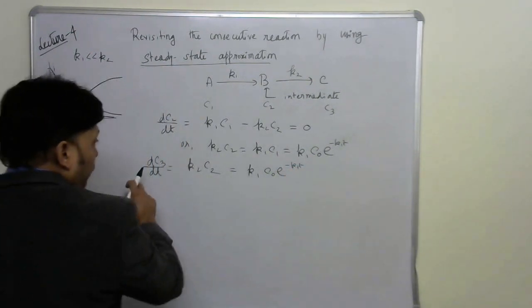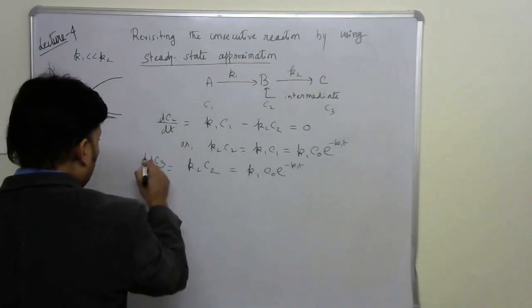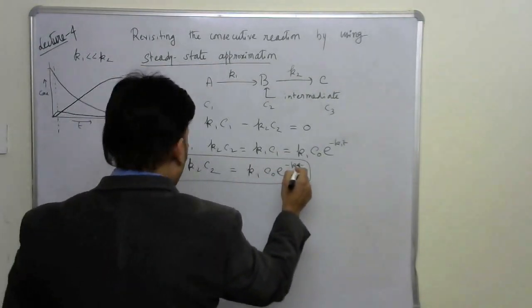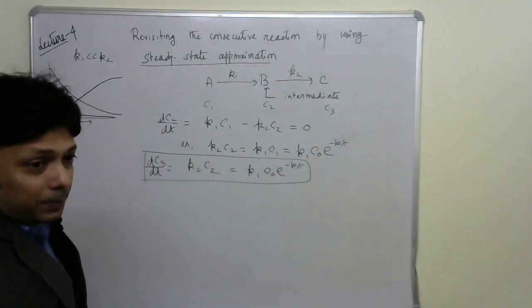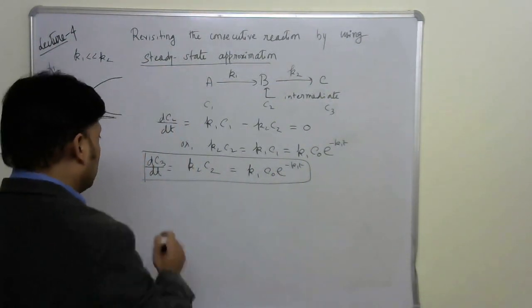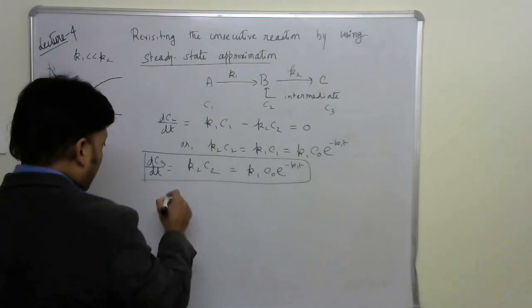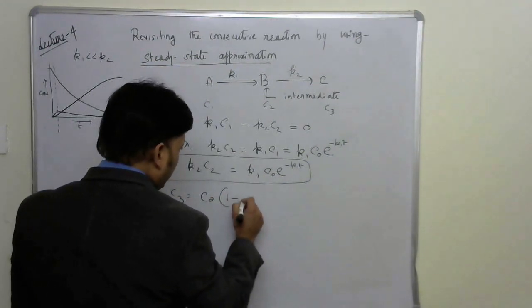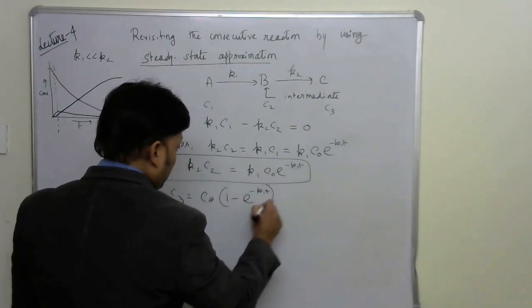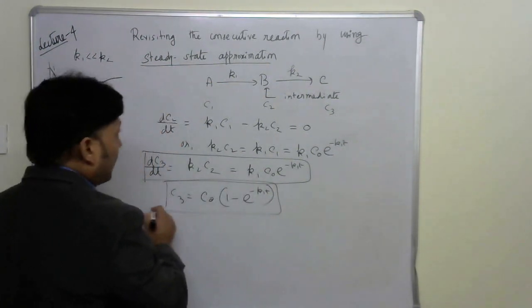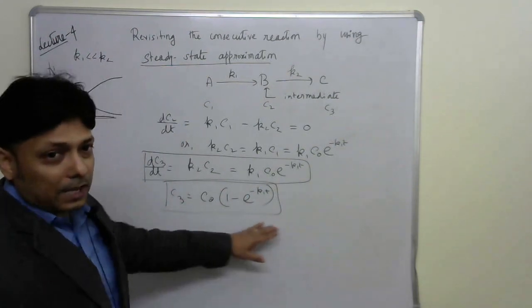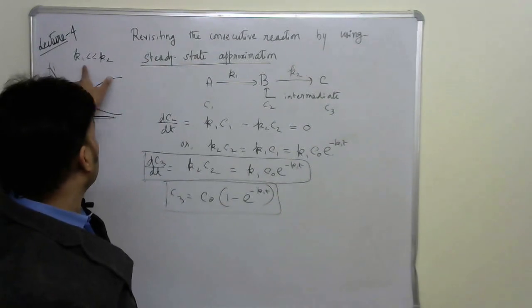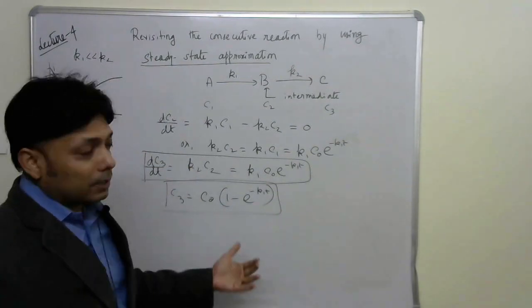So if we integrate that equation, dC3/dt equal to K1 C0 e to the power minus K1t, we definitely get C3 is equal to C0 times 1 minus e to the power minus K1t. And in fact, we get back the same equation that we have already found by applying the approximation that K1 is much less than K2.